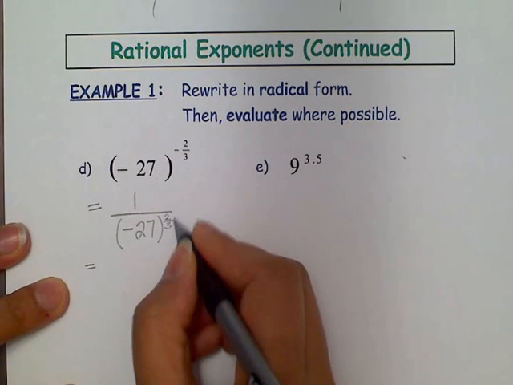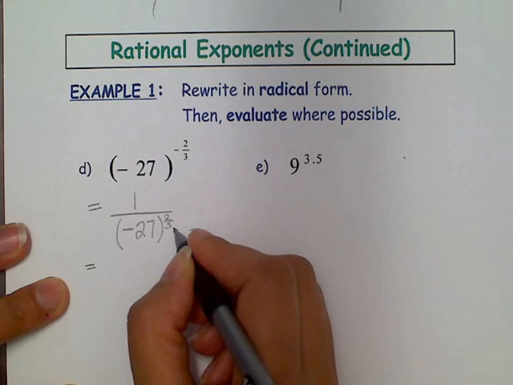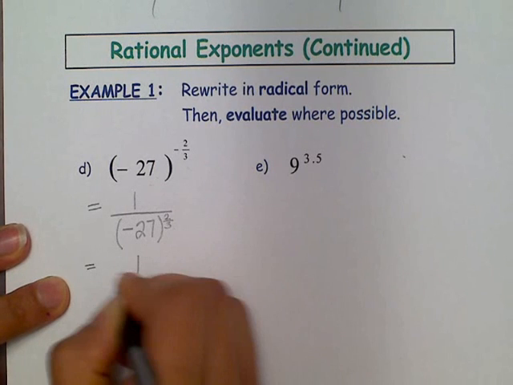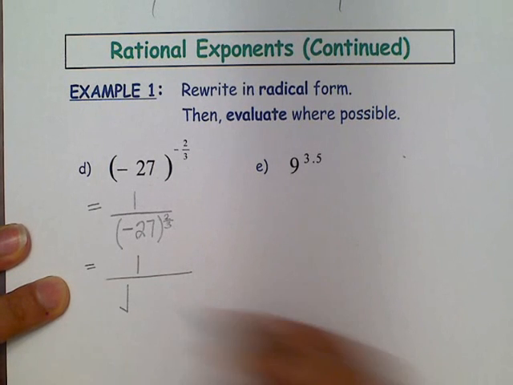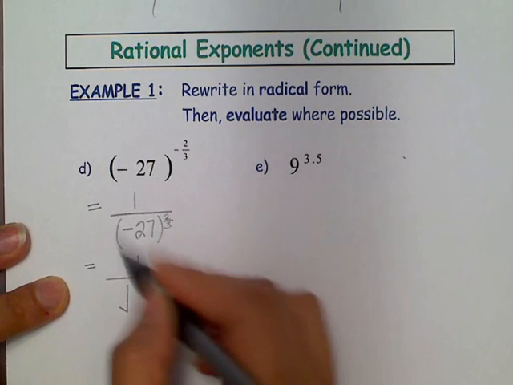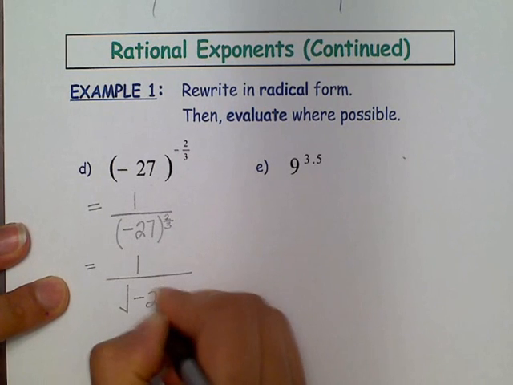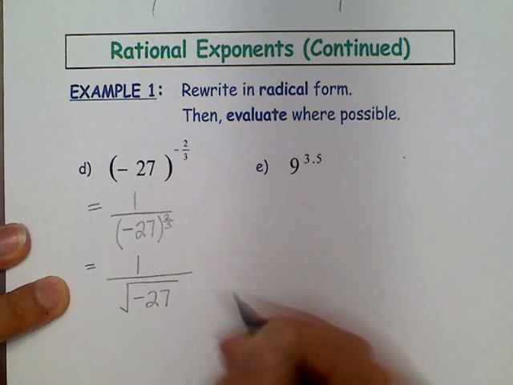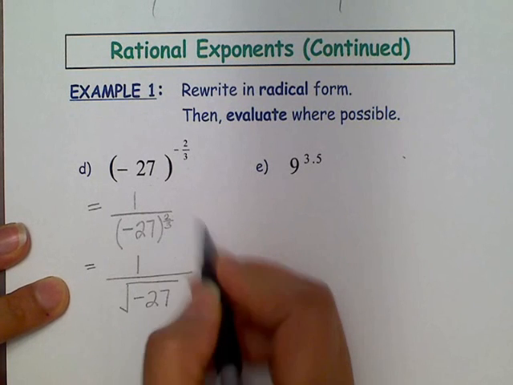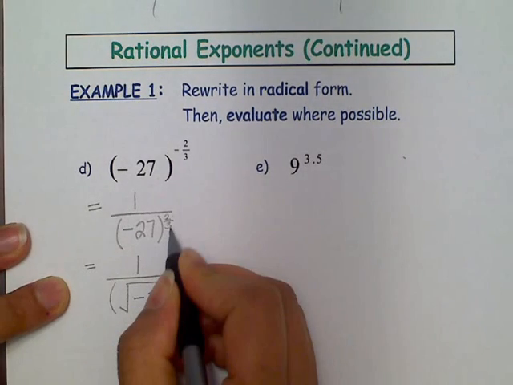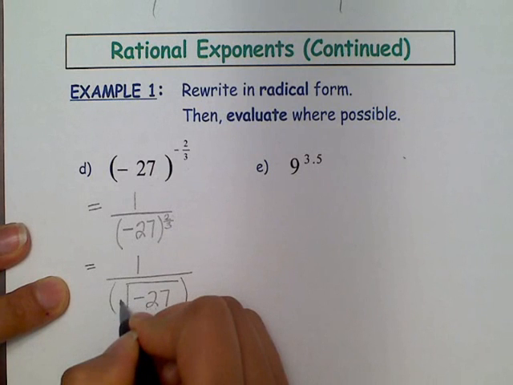Okay, so now that both the numerator and denominator of my rational exponent are positive, I can rewrite this in radical form. So again, draw your radical symbol only in the denominator because that's the only place that your rational exponent's at. So this is going to be negative 27. And the numerator represents your growth, and the denominator represents your root.